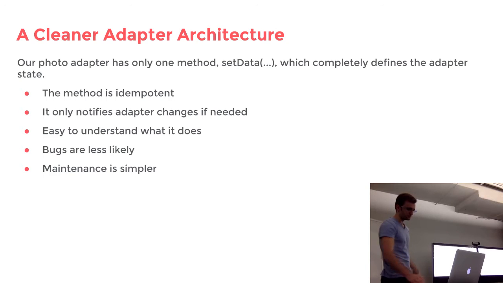So this delegation approach is really powerful, and everything ends up cleaner. You notice the adapter only really has one method, set data, and this method is idempotent, so you can call it as many times as you want.